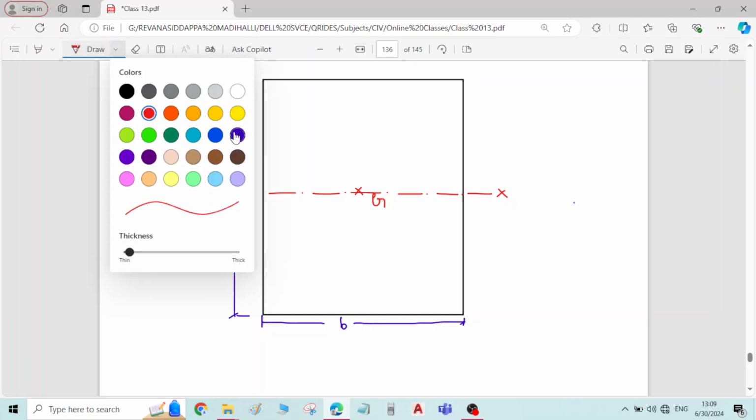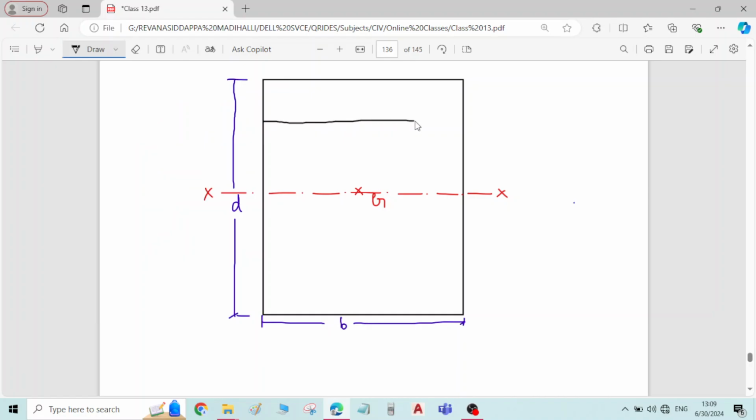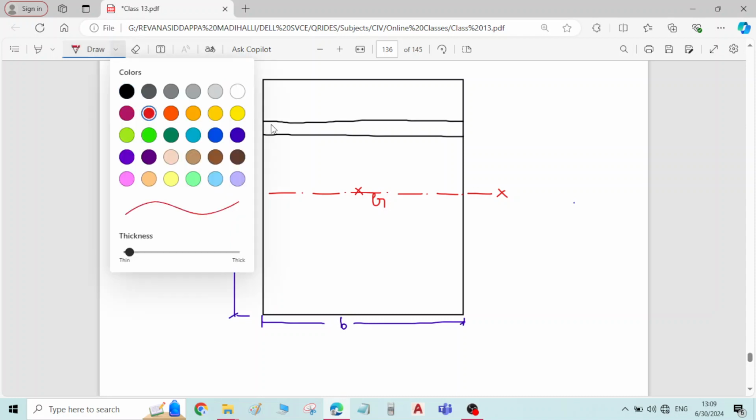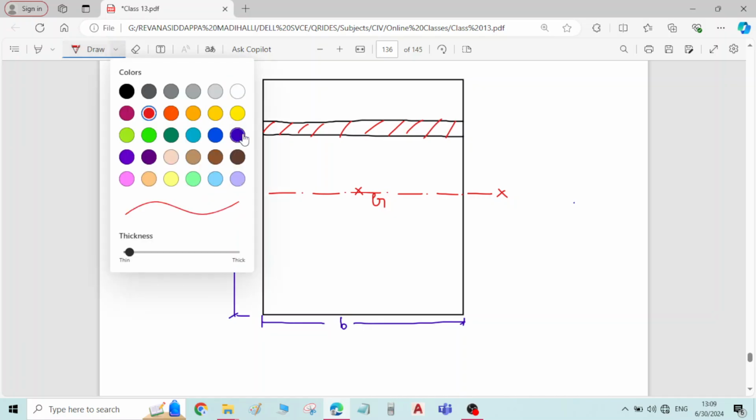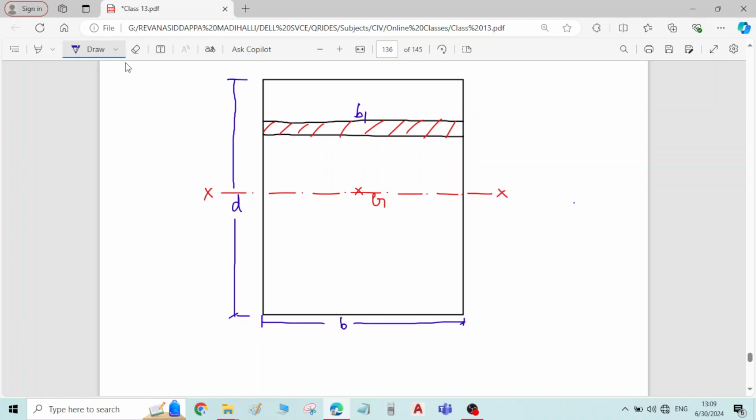For derivation purpose I will consider an elemental strip of width b only, same width as width of the rectangle, width b, thickness dy, and at a perpendicular distance y from centroidal axis.